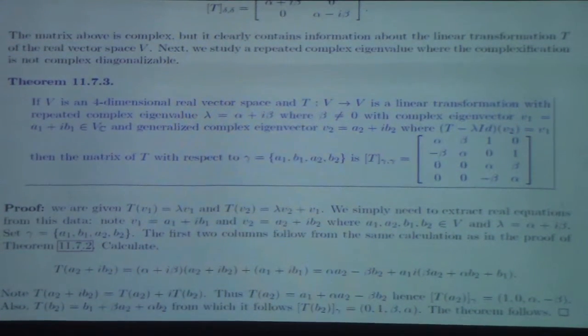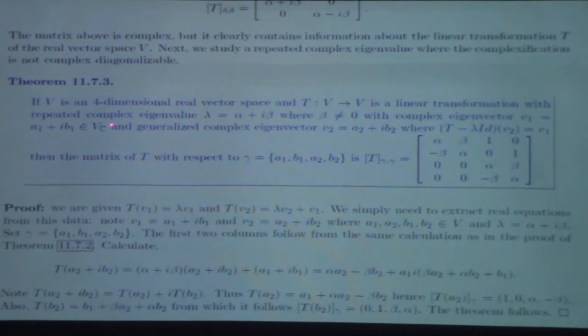Next case up, 4 real dimensions. That's how many dimensions you need to get a repeated complex eigenvalue, which has geometric multiplicity 1 but algebraic multiplicity 2. In other words, you only have one complex eigenvector, not 2. That means for the complexification, you have to find a generalized eigenvector of order 2 to complete the complex basis.